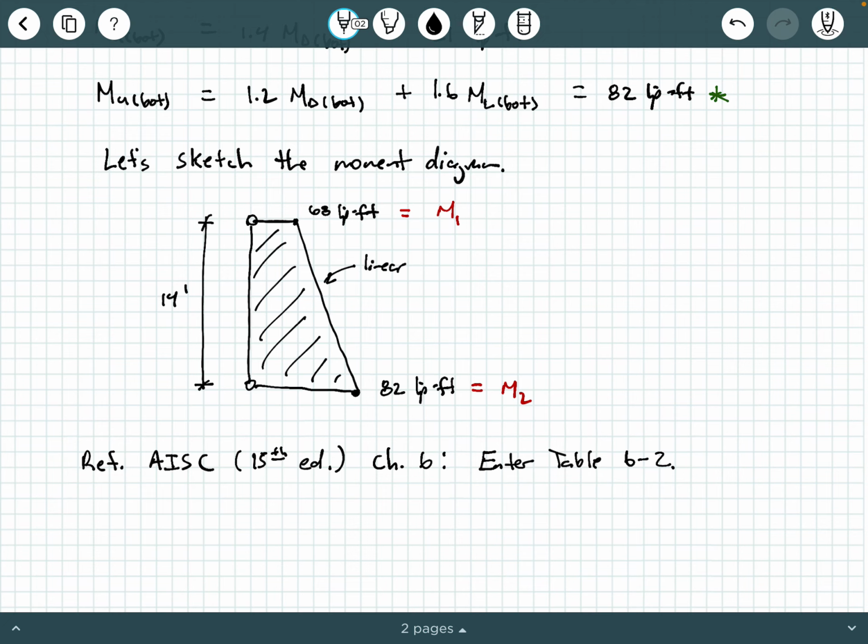So go ahead, open up your Steel Manual, and I'll make your life easier. In the 15th edition, Table 6-2, I am on page 6-87, okay? If you notice, you know you're at the right table because Fy is 50 ksi. That clearly says that at the top of Table 6-2 on page 6-87, okay?